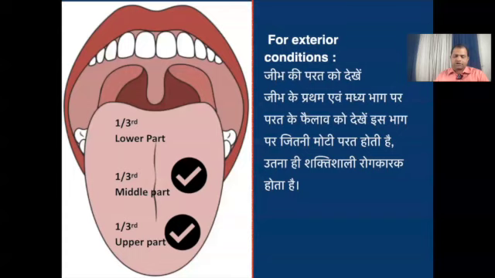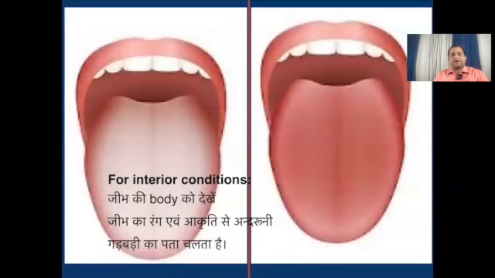Exterior means, suppose you get flu or a viral attack. Suppose you are angry, and because of the anger you develop some internal problem, because you are fearful, you are angry, or something happened inside, then this is called an interior condition.